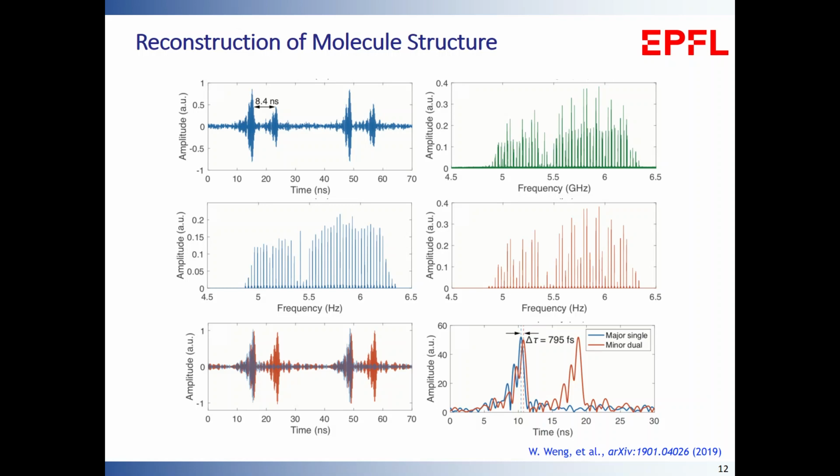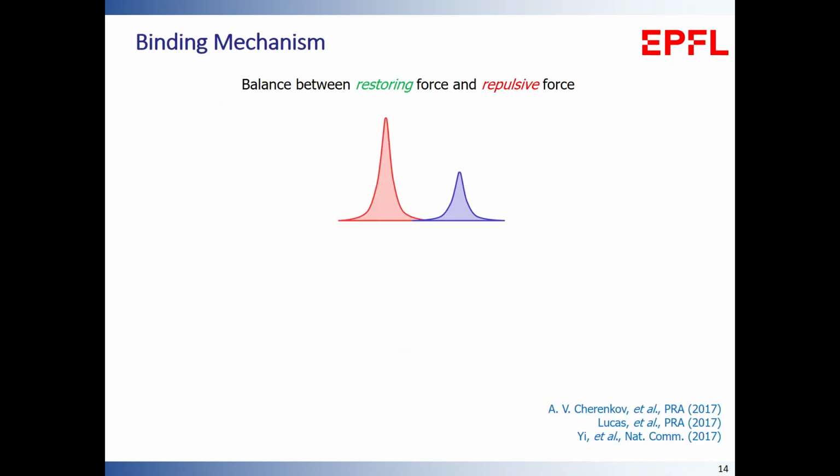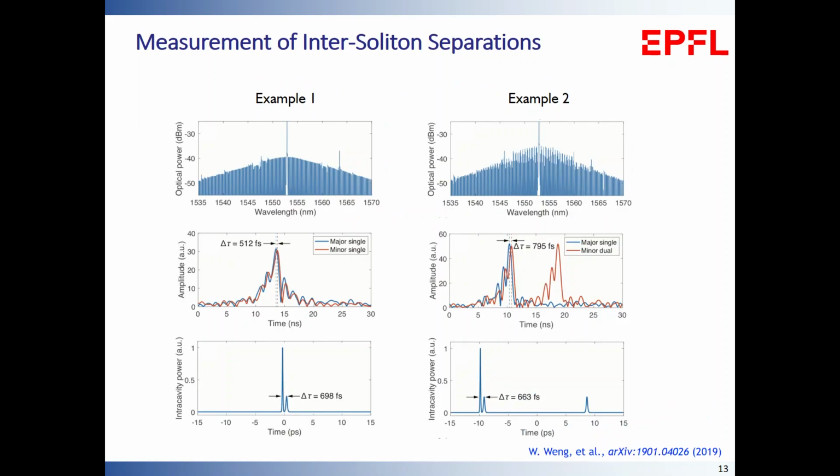This is the experimentally measured separation between these two different kinds of solitons, and they are usually a few hundred femtoseconds, less than one picosecond. Here we did a simulation in the temporal domain, and these are the simulation results that we get.